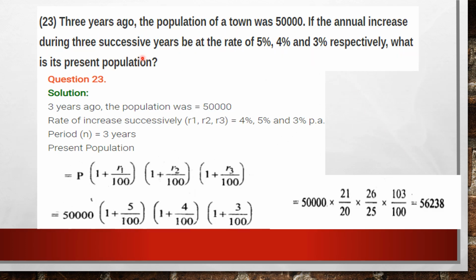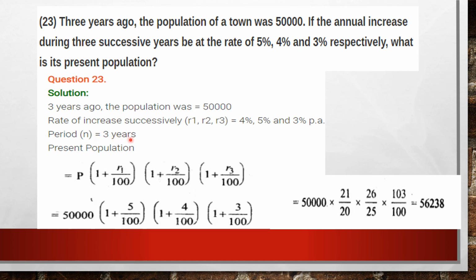3 years ago, the population of a town was 50,000. If the annual increase during successive years is at the rate of 5%, 4% and 3% respectively, what is its present population? So what was the population 3 years ago? 50,000. What is the rate of increase? 5%, 4% and 3% per annum. In the question it is given as 5%, 4% and 3%, so it should be in the same order.